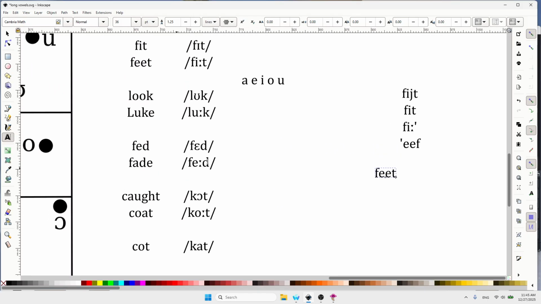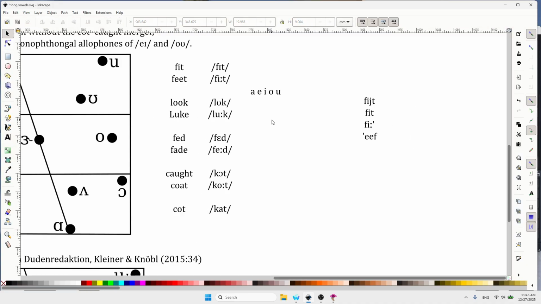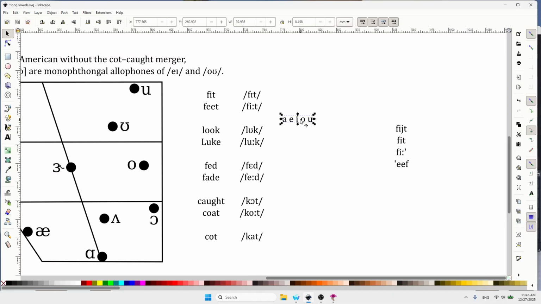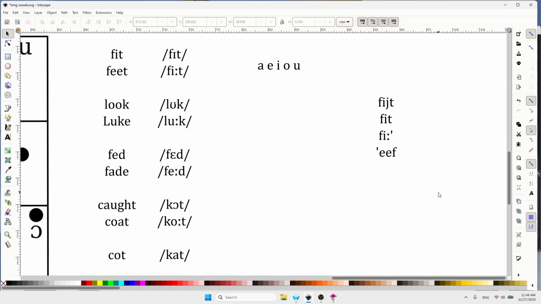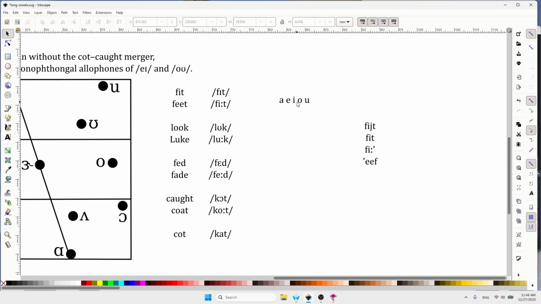So maybe it was a glottal stop, or I don't know. We don't really have sound recordings from that, but maybe the glottal stop development in German was its own separate thing, and I think English does it too. So that could be why it sounds like I'm saying feet when I say eth in reverse.